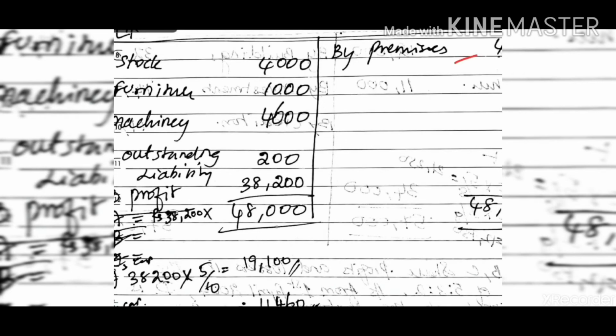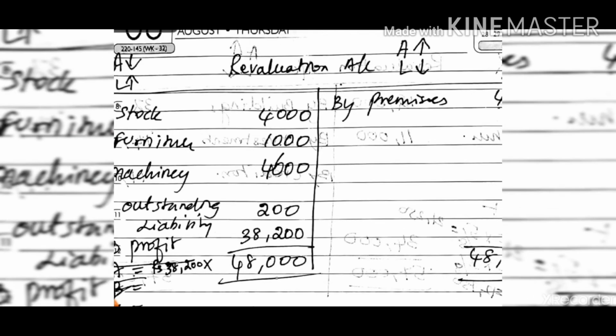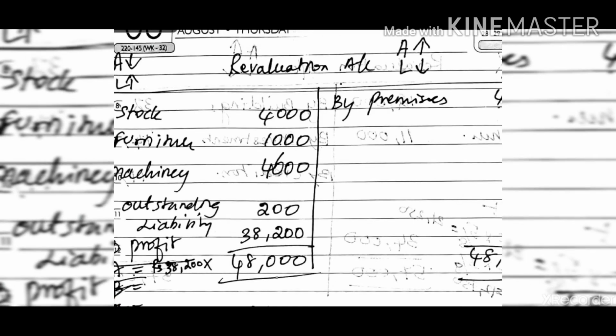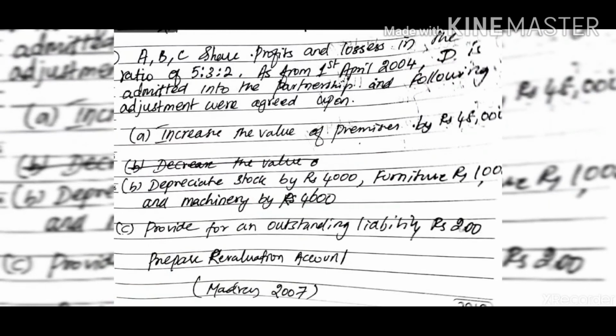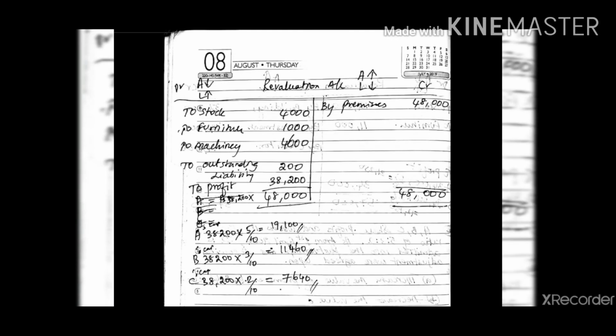Premises value increases, so it is recorded on the credit side. Next, depreciate stock by 4,000, furniture 1,000, machinery 4,600. These three decrease the value of assets, so they are recorded on the debit side. Stock 4,000, furniture 1,000, machinery 4,600.